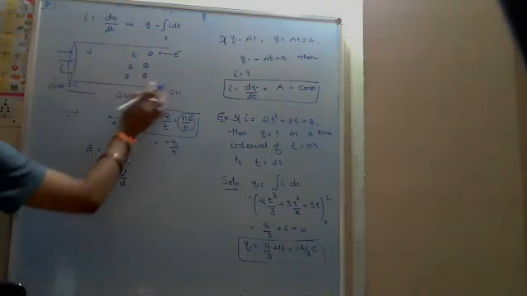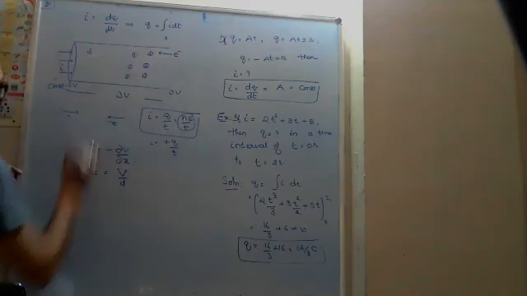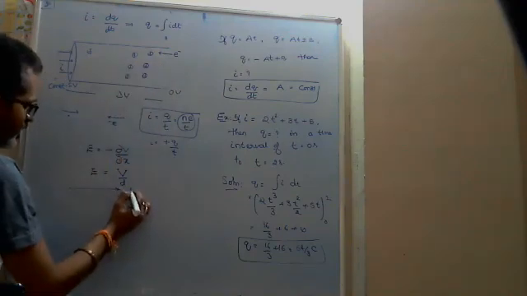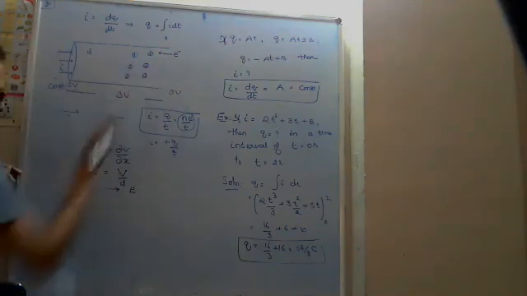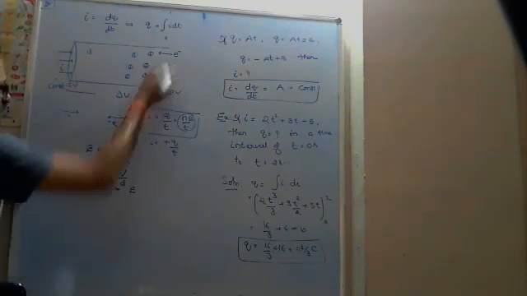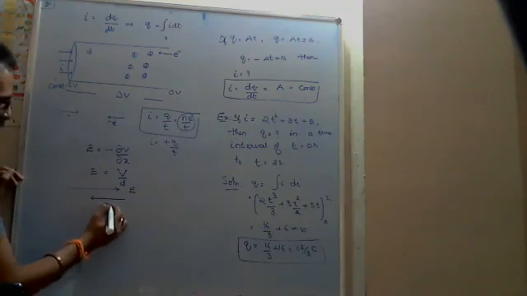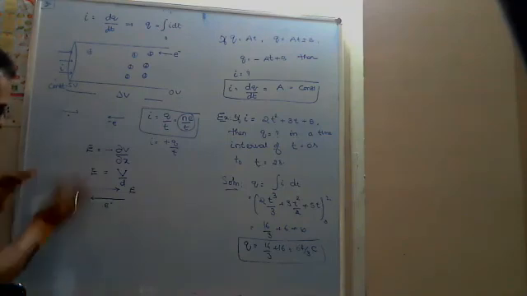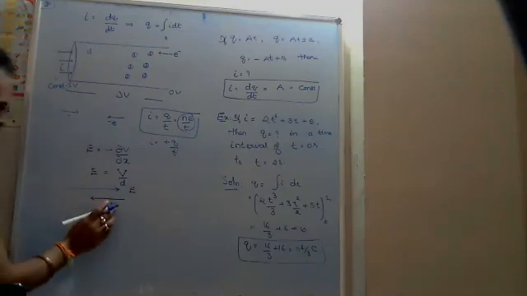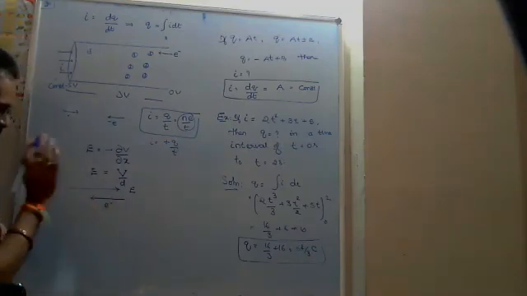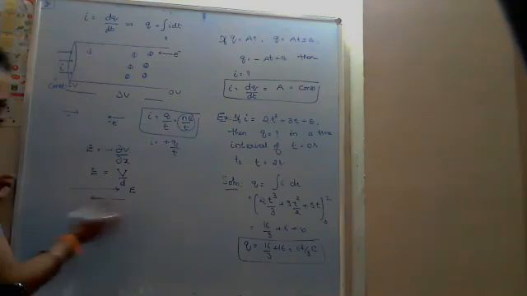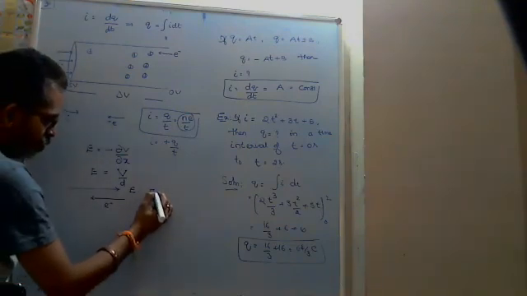Due to that electric field, suppose the electric field is formed in this direction due to the potential difference. Then immediately the negative charges are accelerated in the opposite direction, since the electron is a negative charge. This is the modern theory I'm explaining now. The electron tries to accelerate in the opposite direction and experiences some force.